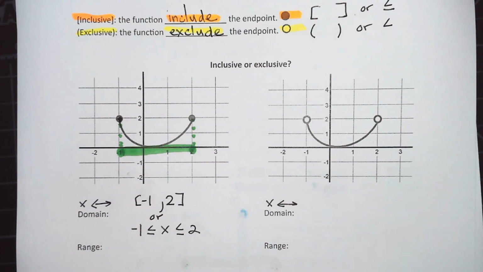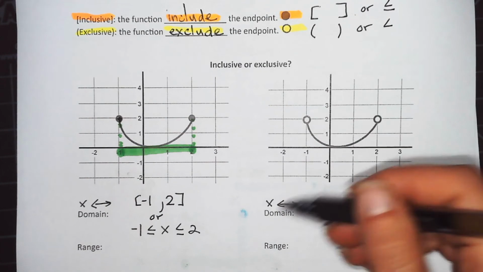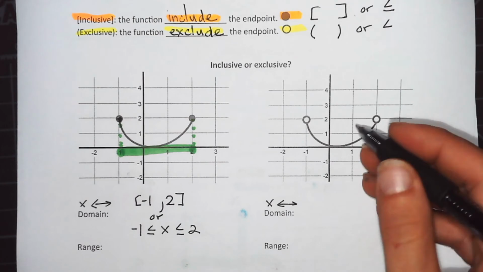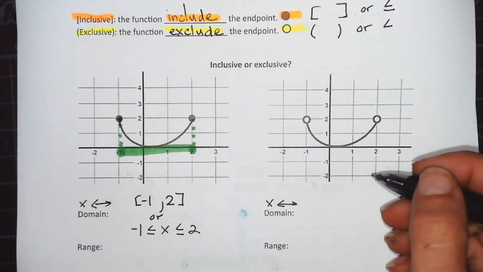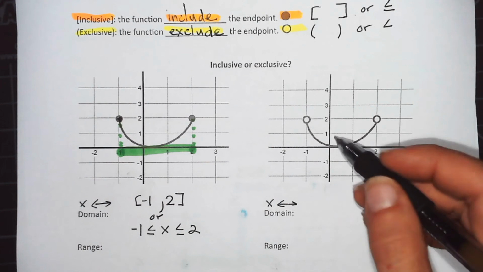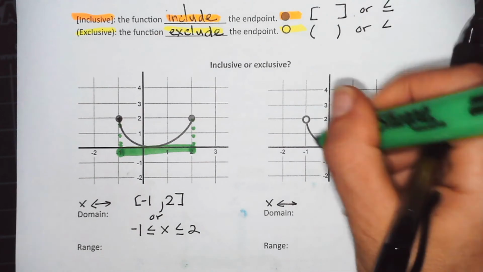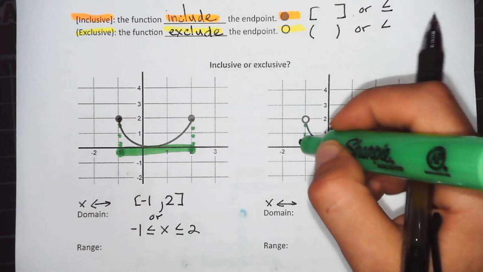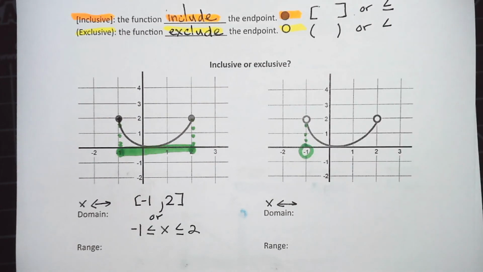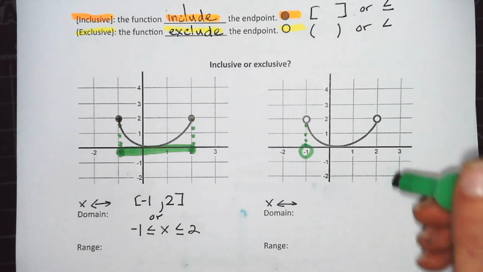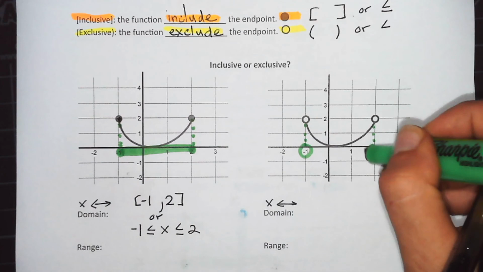Now let's compare that, before we go on to range, to this exclusive example. Here, if we ask ourselves how far to the left, it's still going as far as -1, but now we're not including the -1. Here, it's still going as far as 2, but we're not including it.